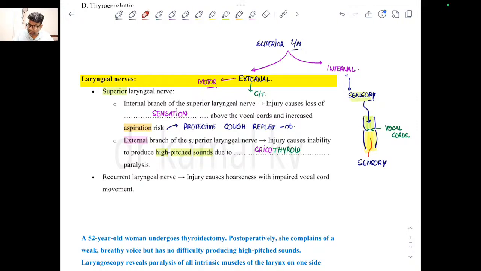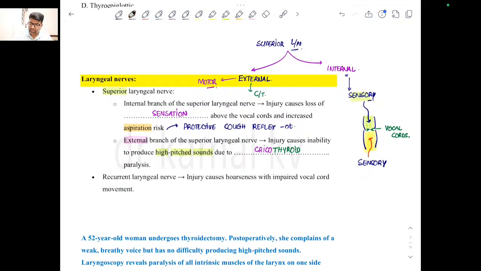Yes, anyone? Which nerve is giving sensation below the level of vocal cords? I am waiting for your answers. Please try. Above the level of vocal cord, it is the internal branch of the superior laryngeal nerve.